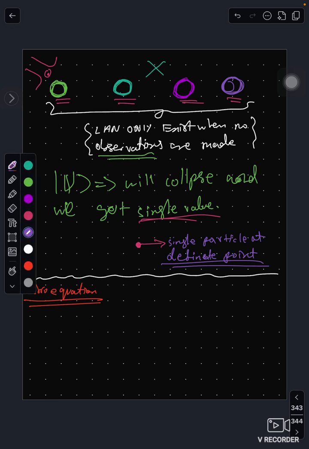The Schrödinger equation shows the evolving of the particle in a system when it is not observed. Since we were talking about observation, I thought, why not add this as well?